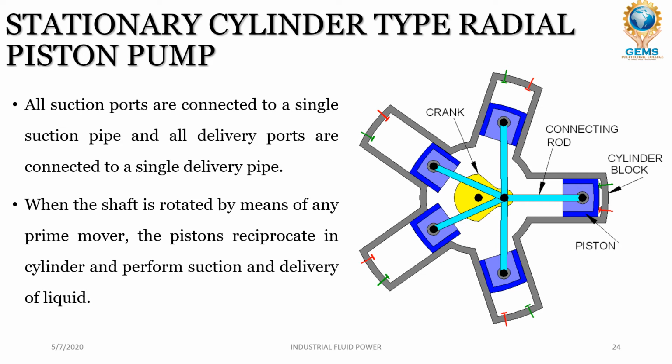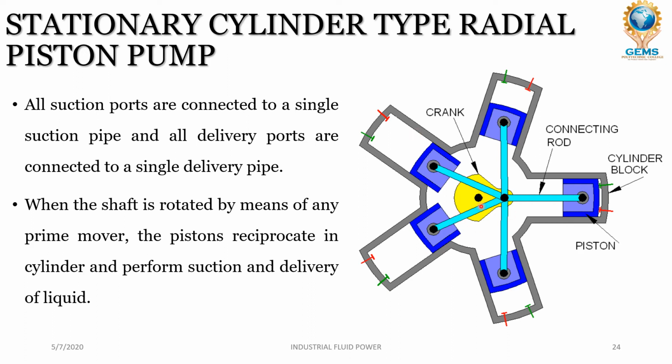All suction ports are connected to a single suction pipe. The figure shows green and red ports. The green is a suction port and the red is a delivery port. All the green ports are connected to a single suction pipe and all delivery ports are connected to a single delivery pipe.